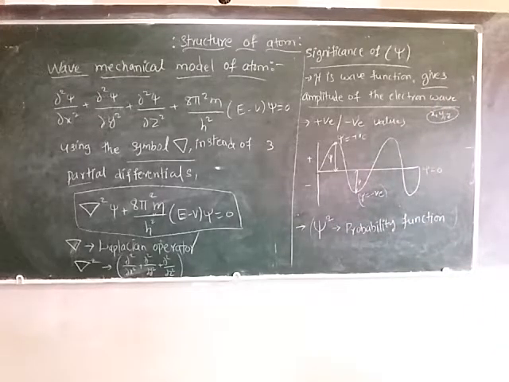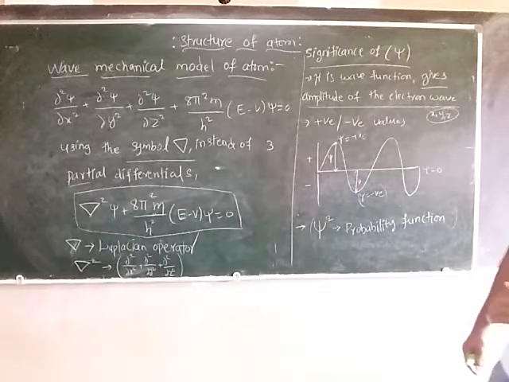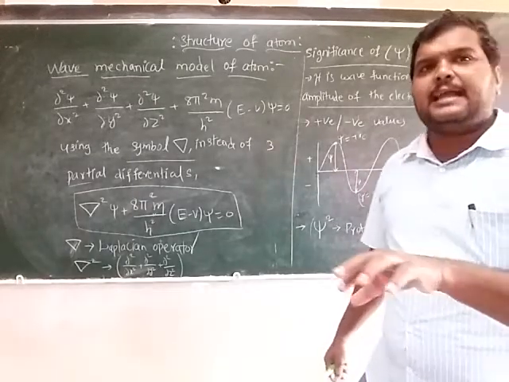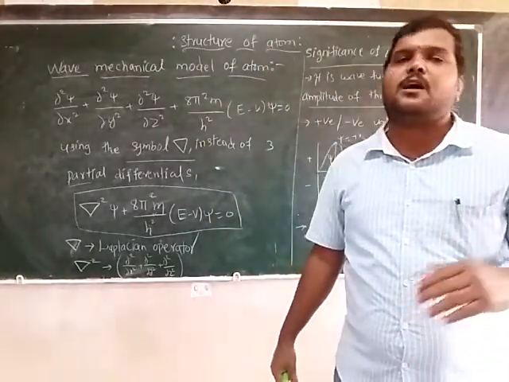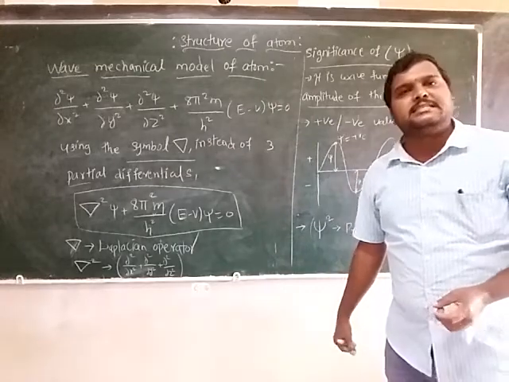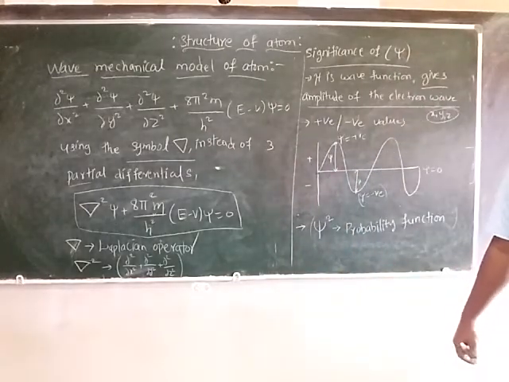So what is psi square? It is a probability function. It indicates the probability of finding an electron around the nucleus, or where the electron density is maximum.